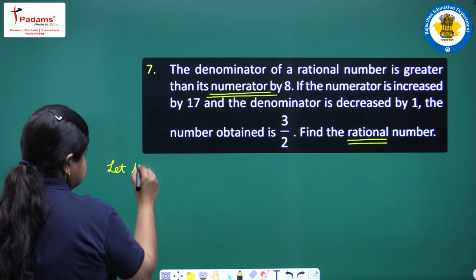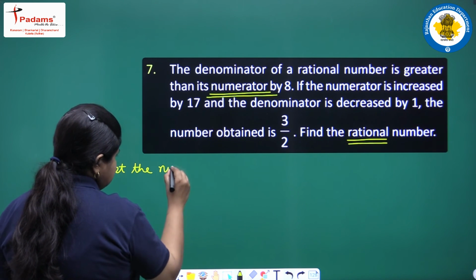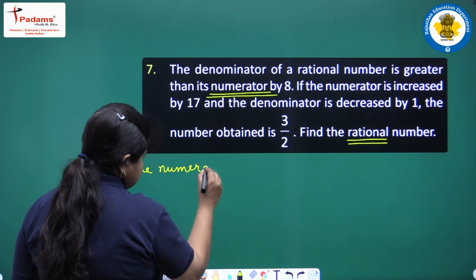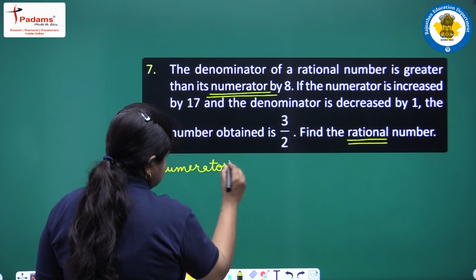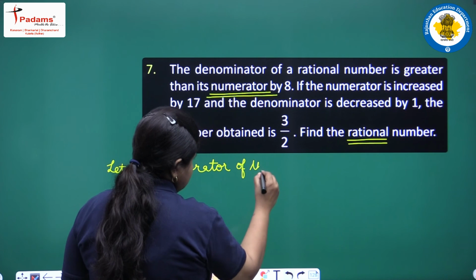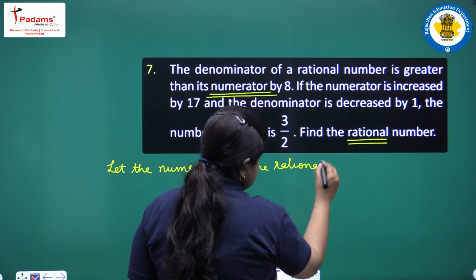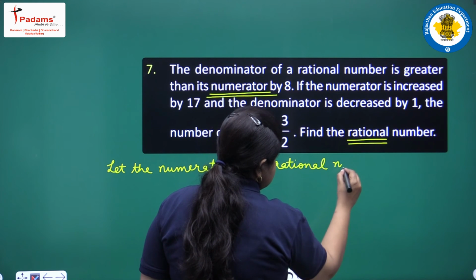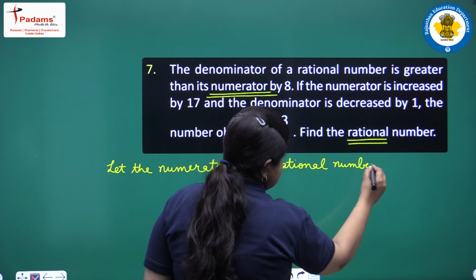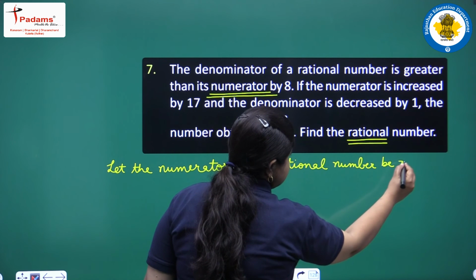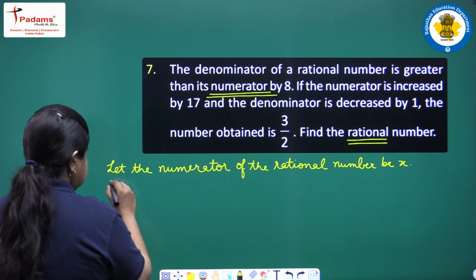Let the numerator of the rational number be x.